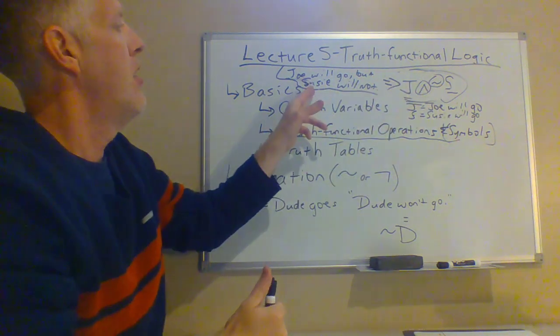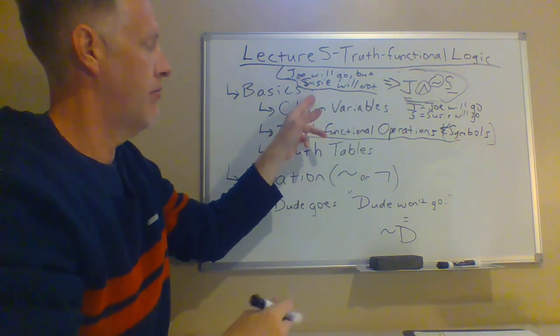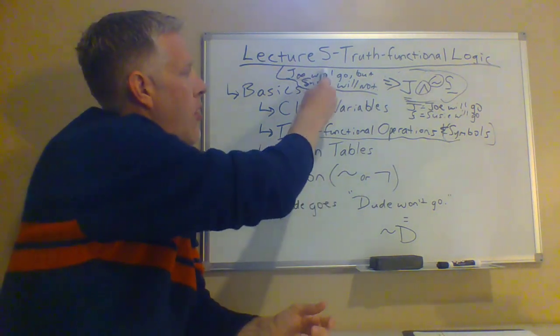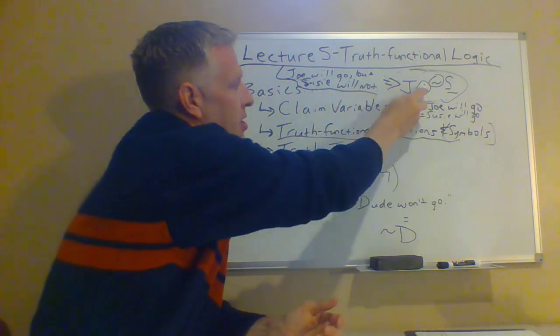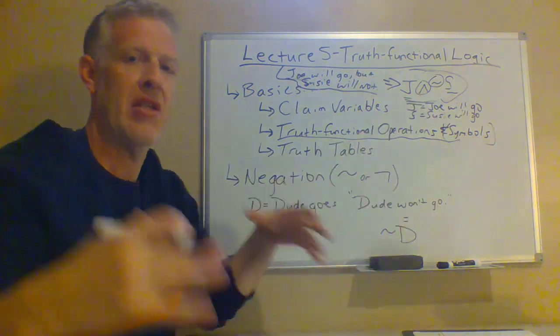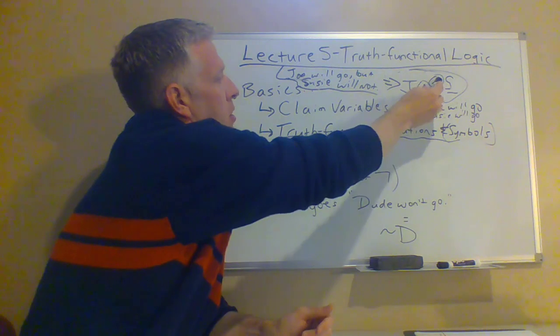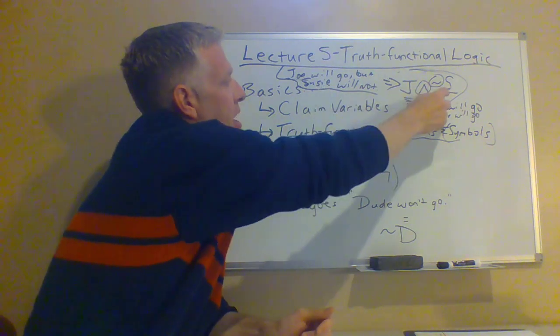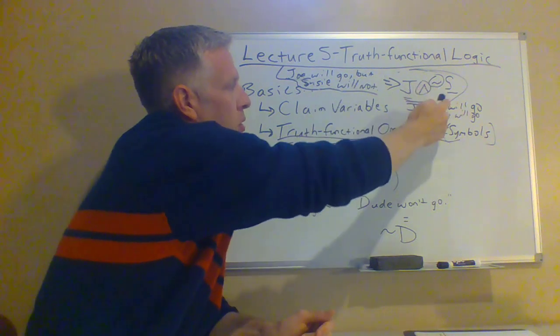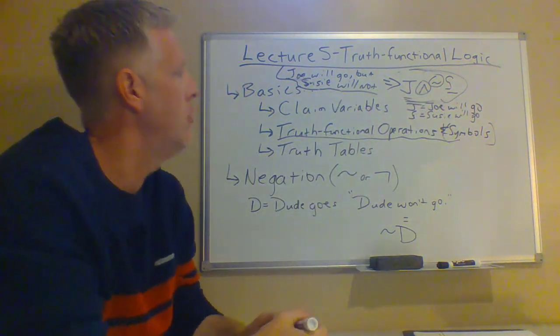This person originally made two distinct claims. They're saying two things will be the case: Joe will go and Susie won't go. That's represented by this conjunction symbol. They're positing two distinct things will be the case. And also, part of what they're doing is negating one of the basic claims, that Susie will go. They're saying Susie won't go, and that's represented by that negation.